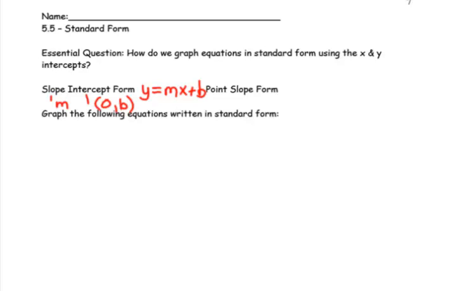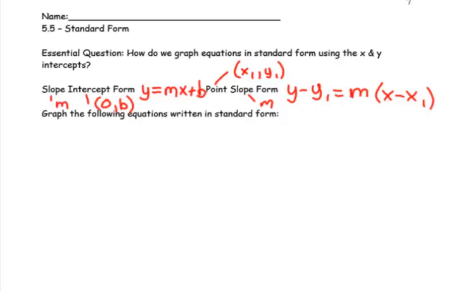After that, we did point-slope form, which is y minus y sub 1 equals m times the quantity x minus x sub 1. In that case, our point is (x sub 1, y sub 1), and our slope is m.